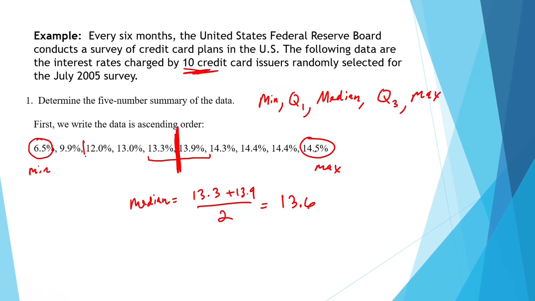The median of the first half is 12%. Looking at the upper half, the median is 14.4%. So here is my 5-number summary. The minimum is 6.5%, Q1 is 12%, the median is 13.6, Q3 is 14.4%, and our maximum is 14.5%.